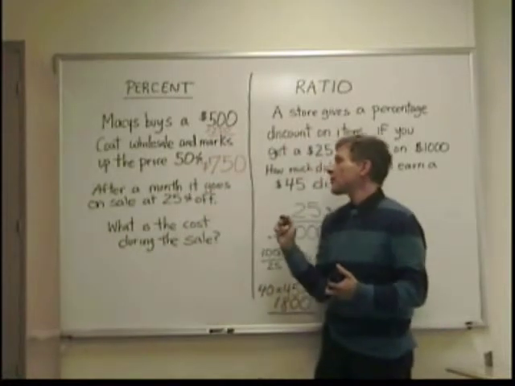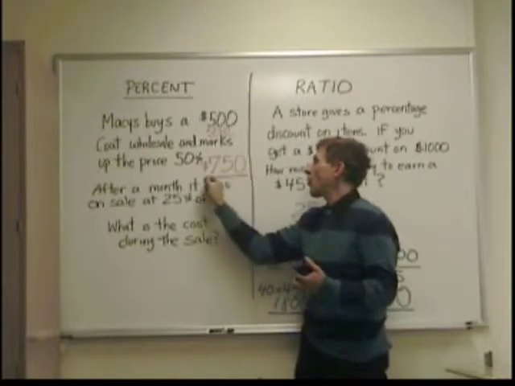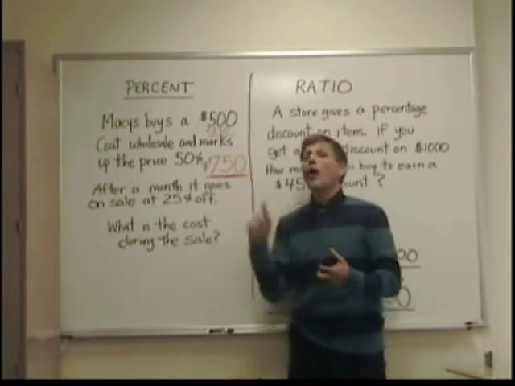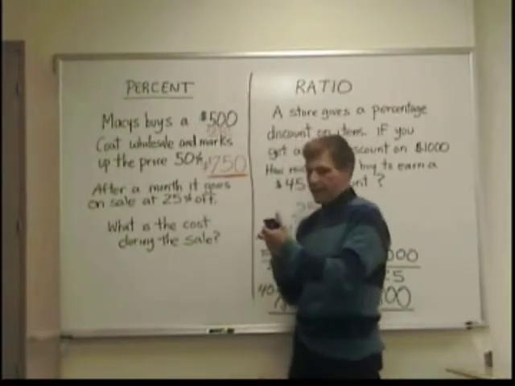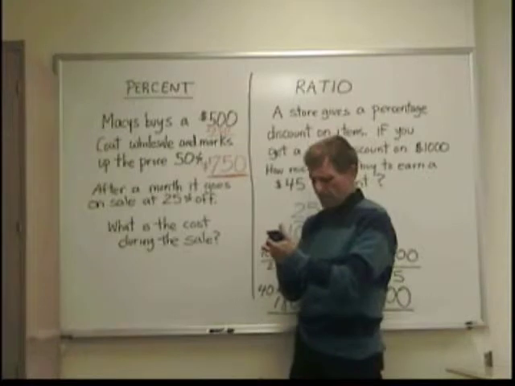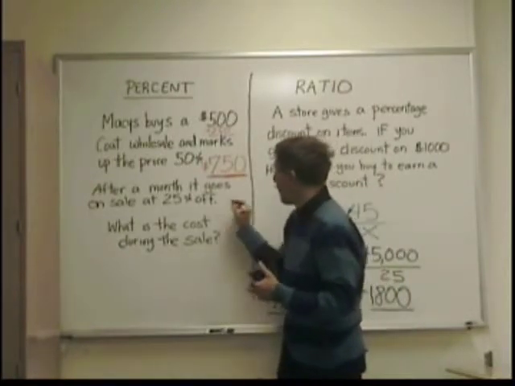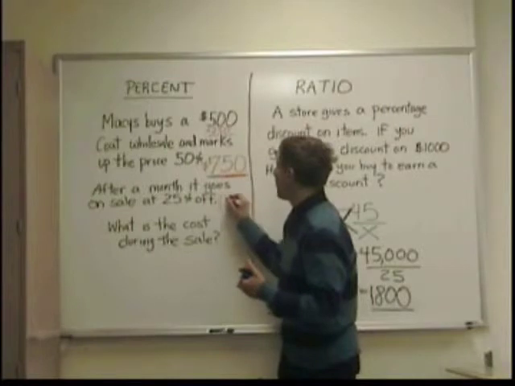After a month, it goes on sale at 25% off, and that's off the marked up price, so off the $750. And 25% of $750 is $187.50. That's the discount.